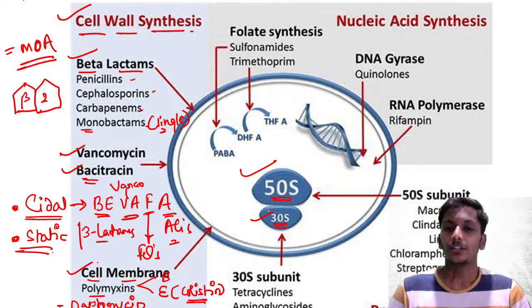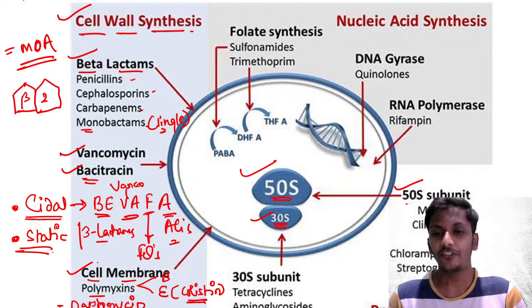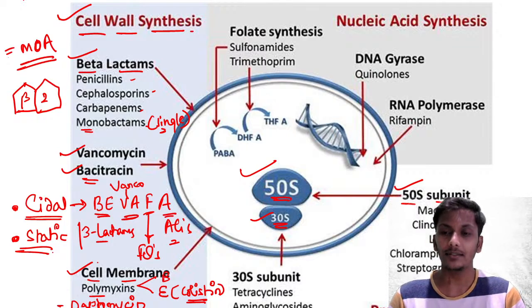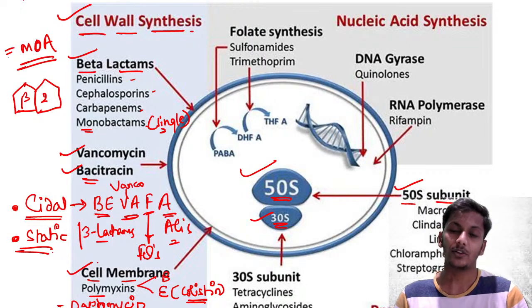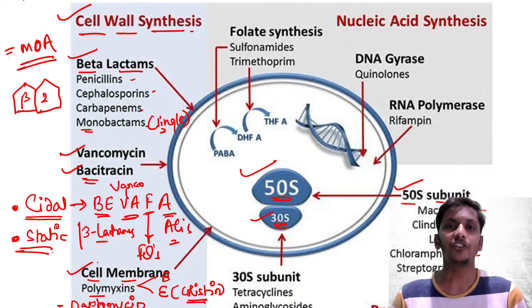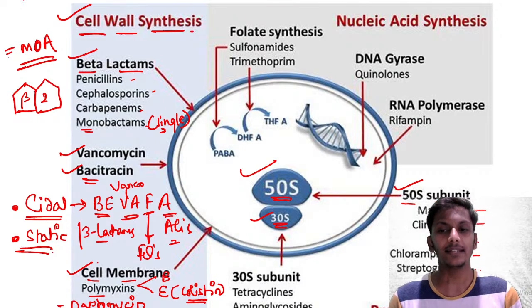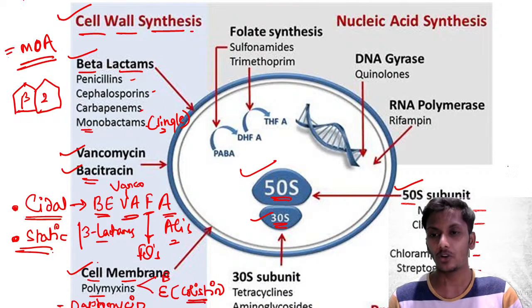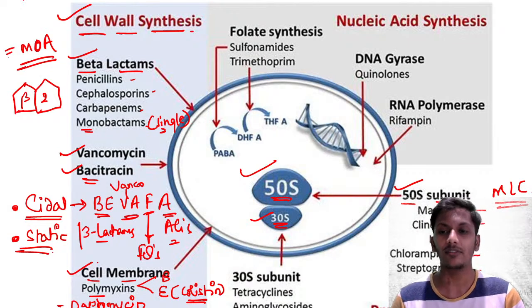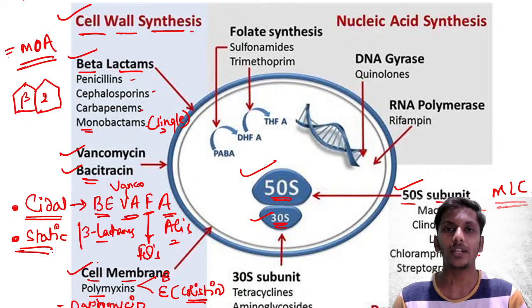Now which are the drugs which bind to the 50S subunit and then inhibit the protein synthesis? Those are macrolides, clindamycin, linezolid, chloramphenicol and streptogramins. Please remember, the drugs binding to the 50S subunit of bacterial ribosome are macrolides, clindamycin, linezolid, chloramphenicol and streptogramins. How to remember these? There is a mnemonic MLCs, where M goes for macrolides, L goes for linezolid, C goes for clindamycin and chloramphenicol, and S goes for streptogramins.